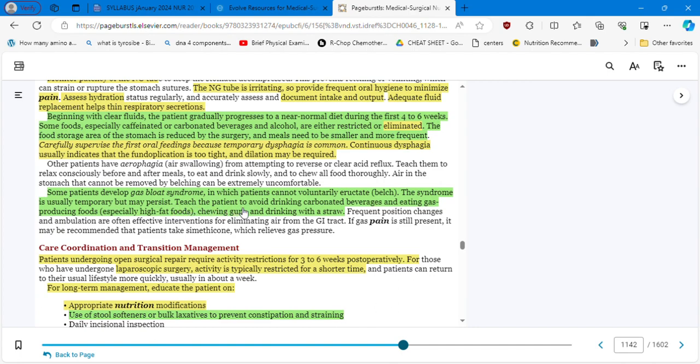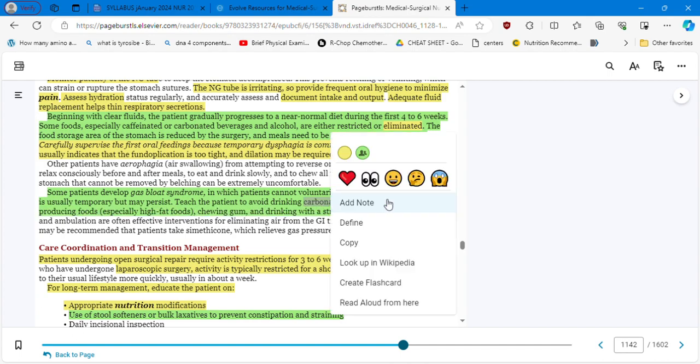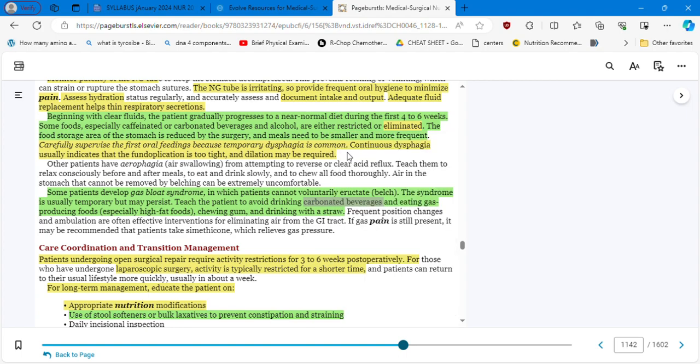Okay, teach the patient to avoid drinking carbonated beverages. Again, we have to eliminate that. And avoid gas-producing foods, especially high fat foods: your pork, your sausages, right?